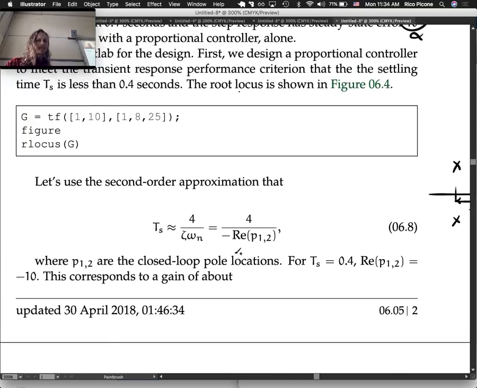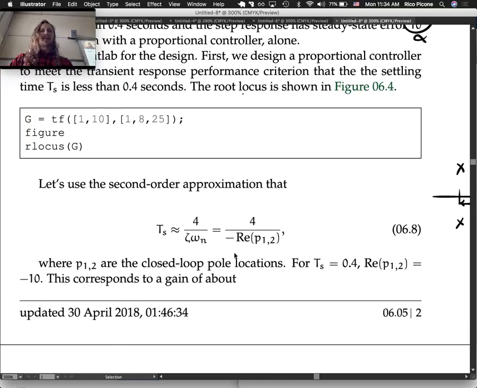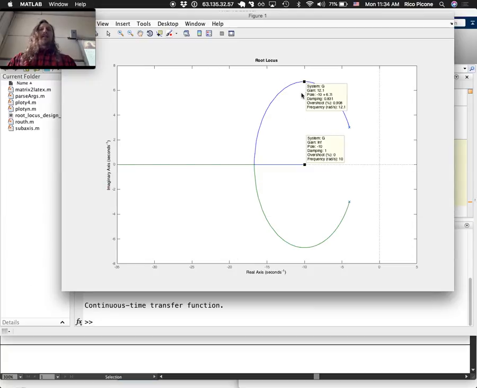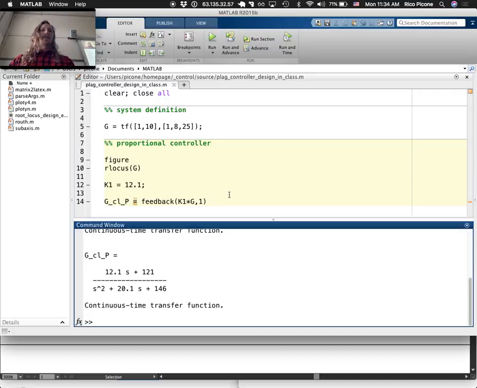Okay, so we have our choice of gain corresponded to a pole location of -10 in the real part, because we wanted our transient response to have a settling time of 0.4 seconds or less. So this is like the minimum gain.